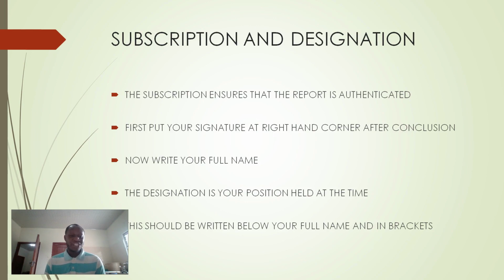Then your designation, which is the position you are occupying in that present instance or circumstance. If you were an eyewitness, then your designation becomes what? Eyewitness. If, let's say, you are the secretary, then your designation becomes the secretary. If you are, let's say, the class prefect, then your designation becomes the class prefect.